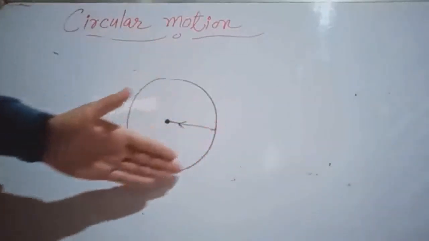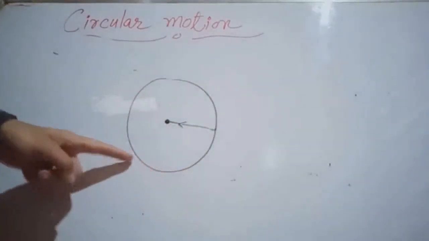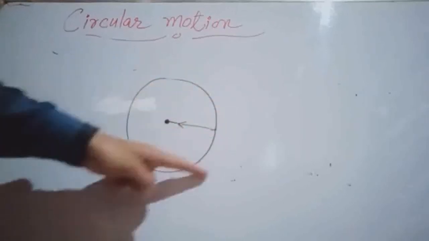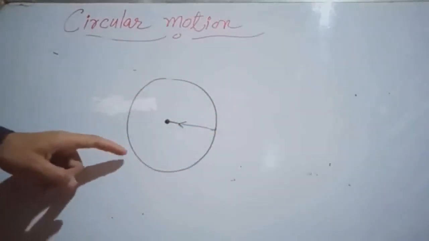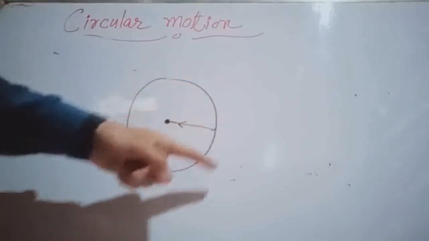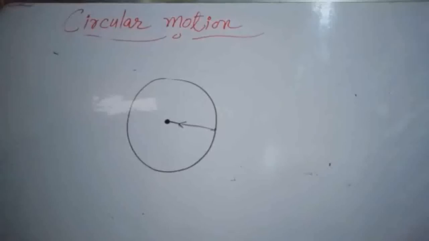And this type of acceleration, when the body is moving along the circular track and has some acceleration, is called centripetal acceleration. Here we know that circular motion is thus a very interesting case of uniform motion.